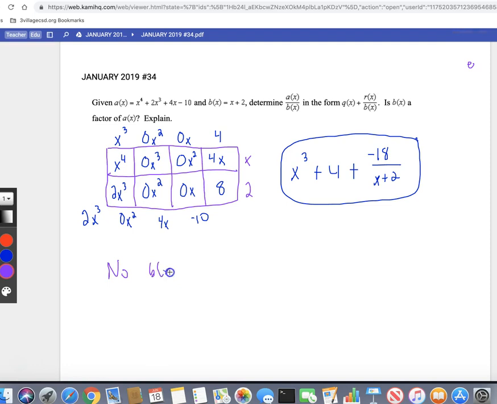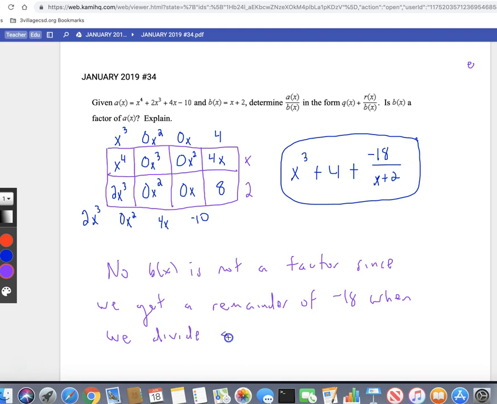So no, b of x is not a factor since we get a remainder of negative 18 when we divide a of x by b of x. And that should be sufficient for an explanation of why b of x is not a factor of a of x.